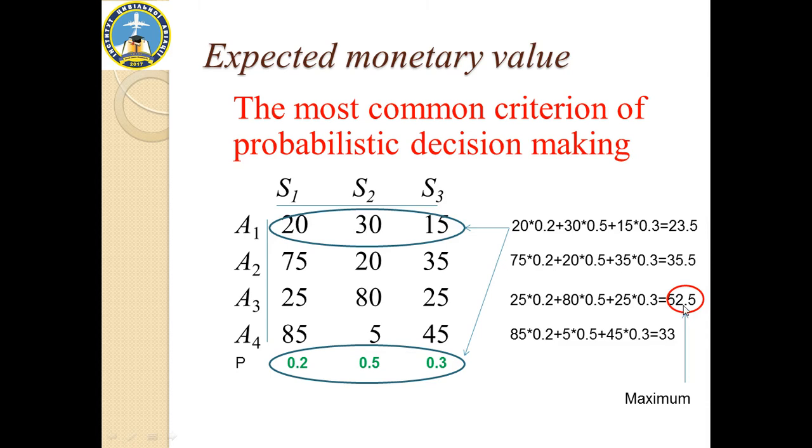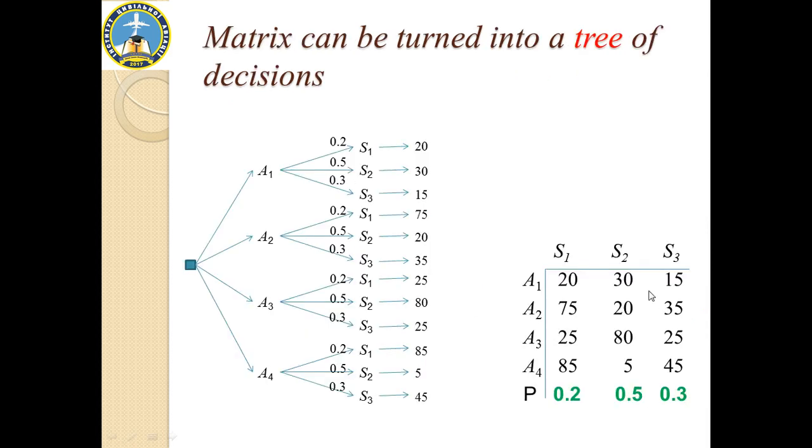Now this payoff matrix can be turned into a tree of decisions. Sometimes it's more convenient to have this matrix in the form of a tree, especially in the next stages, when we'll deal with actual games against a counterpart.